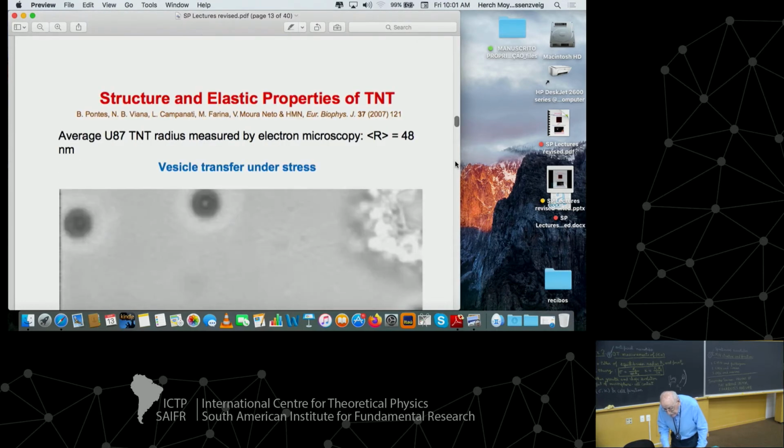Now, in a paper after this, and the reference is given there, at our lab we studied the structure and the elastic properties of these TNTs. Here is the average TNT radius that we measured by electron microscopy. It's 48 nanometers, so it's just within the range that Rustam and the others mentioned.